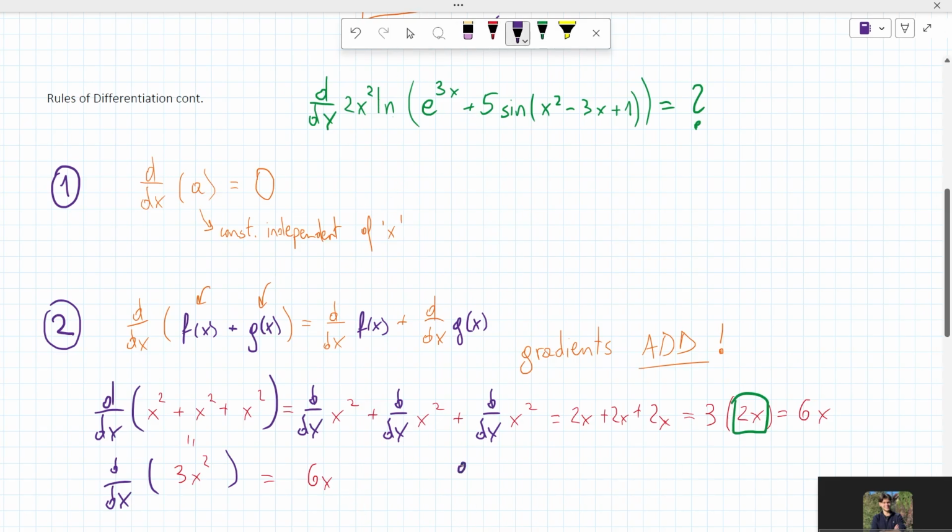In other words, if I use even more colors now, it should be pretty clear that if I differentiate a function that is multiplied by a constant, I can say that I'm getting the constant times, so in this case 3 times the derivative of this function individually. And some people say that we can basically take the constant out to the front and then we would be writing it like this instead.